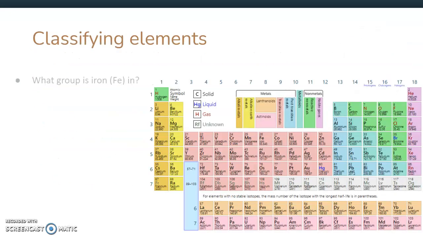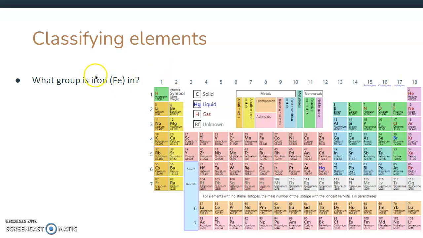So let's start practicing how to classify these. We have some nice colors here. We have our alkali metals, alkali earth metals, and then our transition metals in this color. Then we have our noble gases, and our halogens aren't quite color coordinated, but there is a group and label up here.